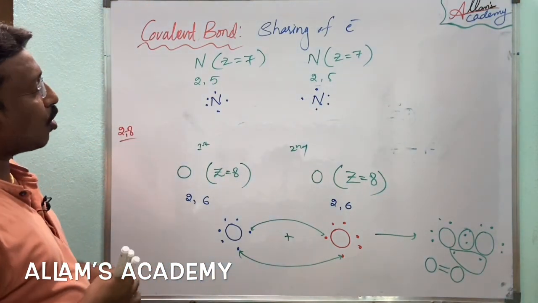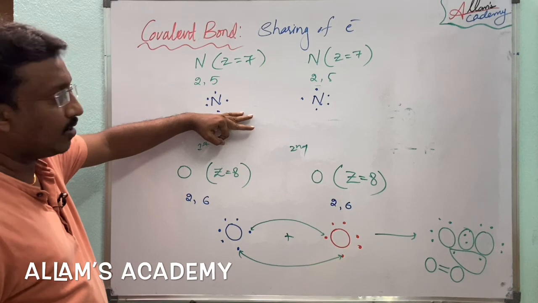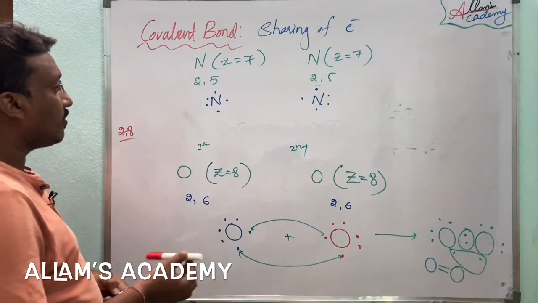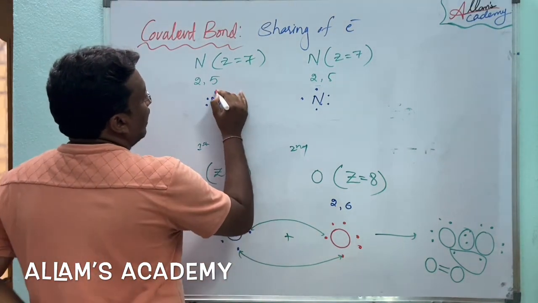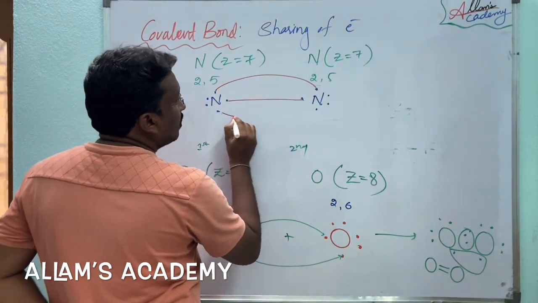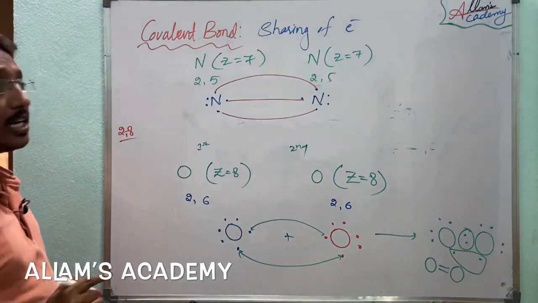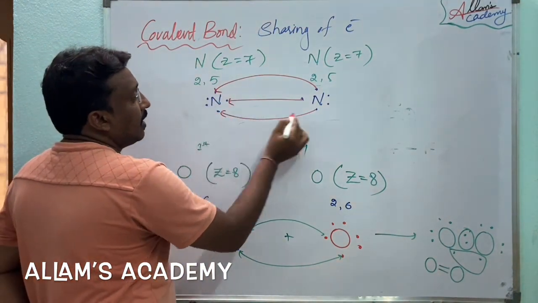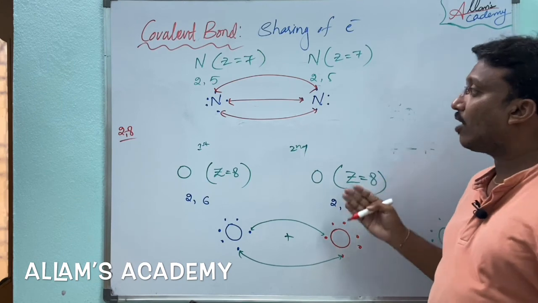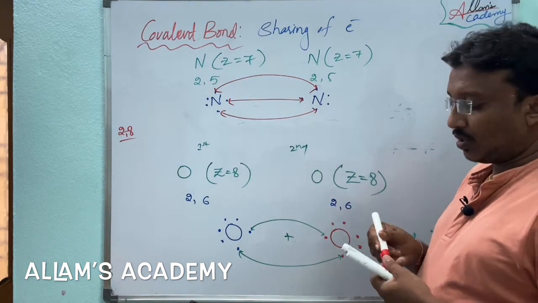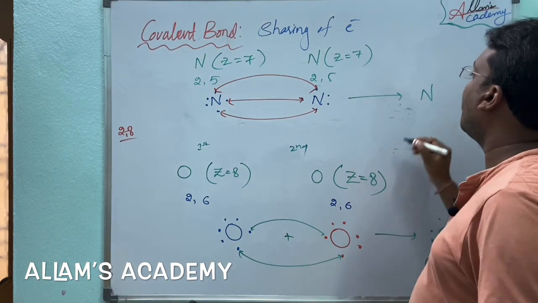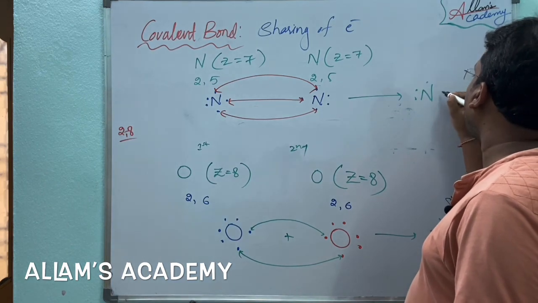here how many electrons are required? 3 electrons. Here how many electrons are required to get octet configuration? 3 electrons. So that's why the bond formation can take place by sharing of 1, 2, 3 electrons from each atom to form the nitrogen molecule.